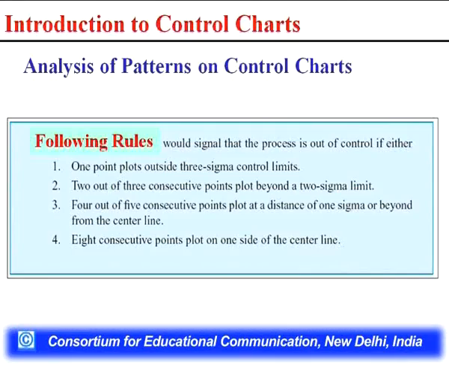Now, analysis of patterns on control charts, we will have some rules. We are going to discuss those rules, and the following rules would signal that the process is out of control.